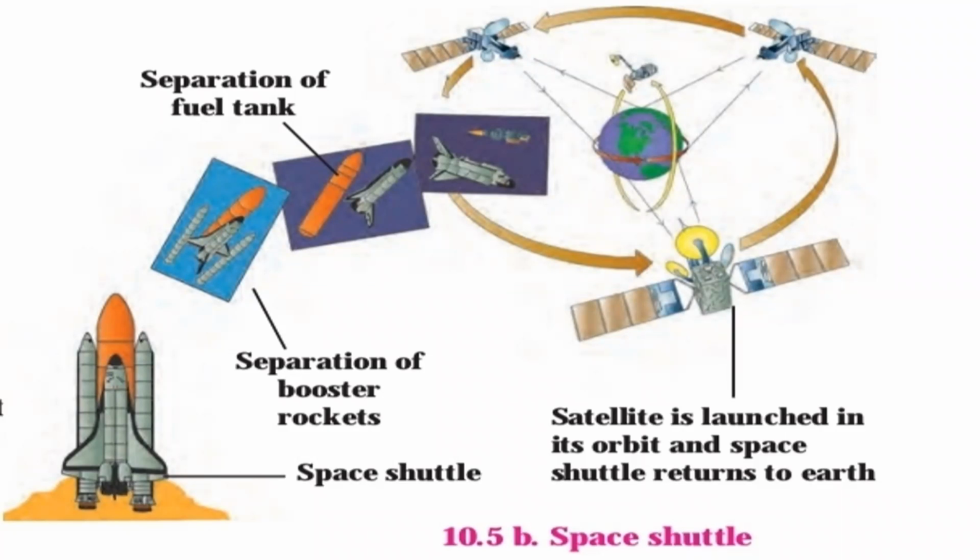Then the satellite comes out of the space shuttle and starts revolving around the orbit of the Earth. After placing the satellite into orbit, the space shuttle comes back to the Earth. The satellite is launched in its orbit, and the space shuttle returns to the Earth for its multiple use.